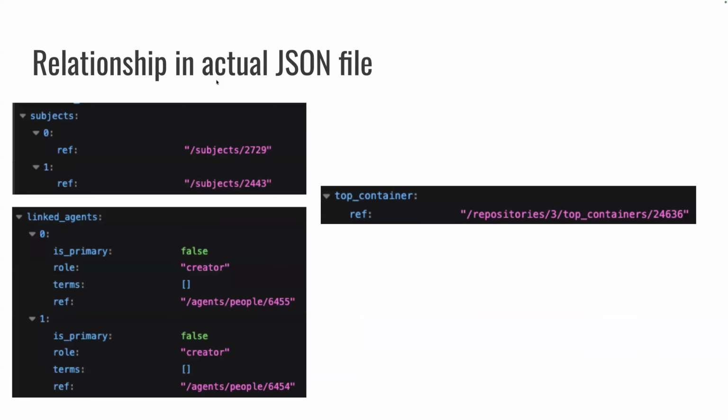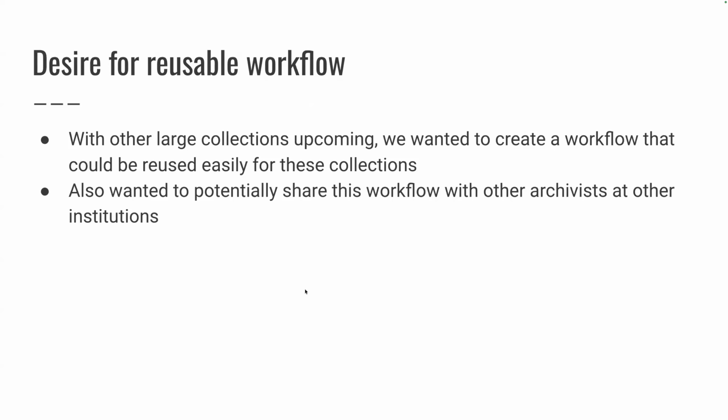And again, here's the relationship from an actual JSON file, just what it looks like and how it references those people and subjects and top containers. So given that it's linking out to these other records, it's not a simple matter of, oh, okay, let's create one script and it will upload all the archival objects.